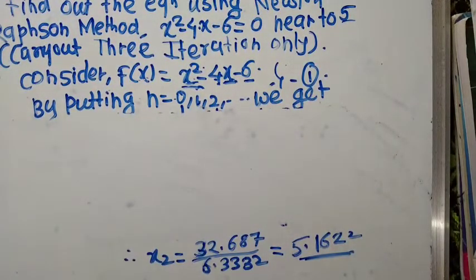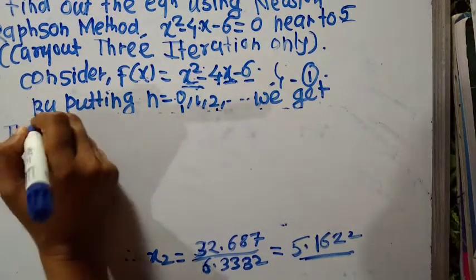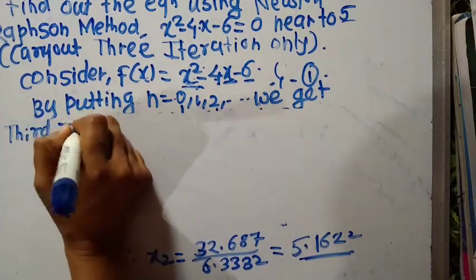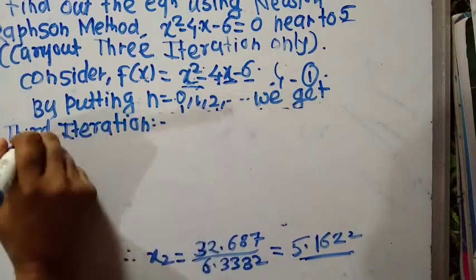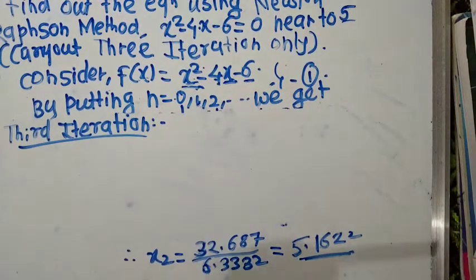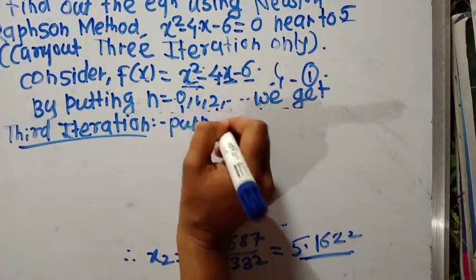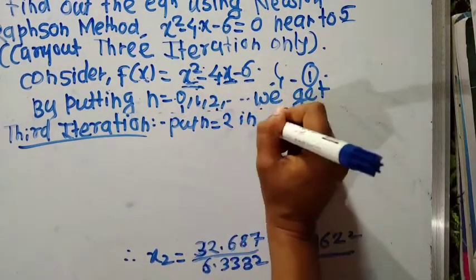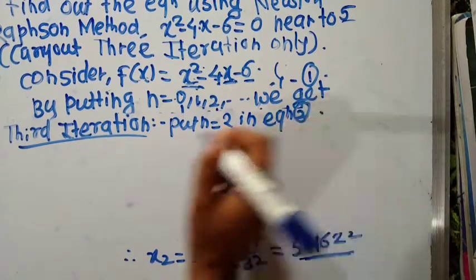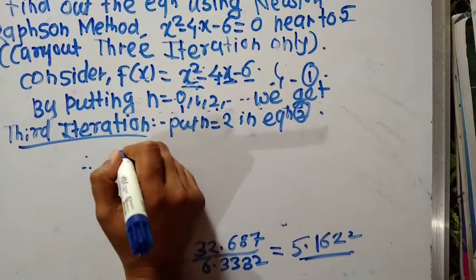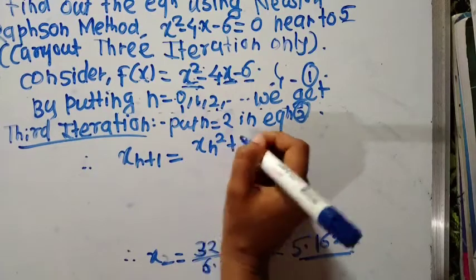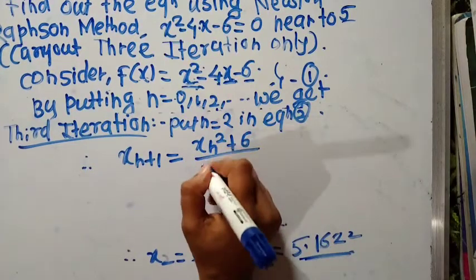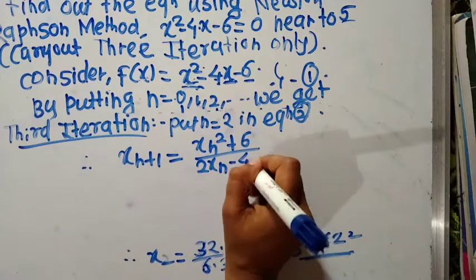In the third iteration, put n is equal to 2 in the second equation: xn plus 1 is equal to xn square plus 6 divided by 2xn minus 4.